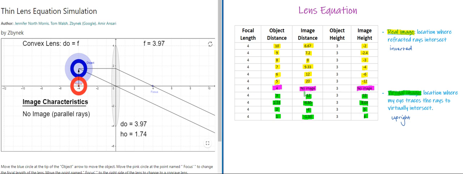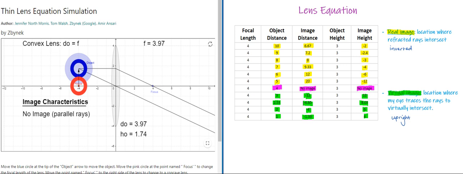Virtual images have a negative value in the front because we can't ever actually put a screen in this place. So the negative sign symbolizes that these objects or these images cannot be viewed except by looking into the optic or the lens. They would appear as if they're this far away from the lens, but they aren't actually intercepting at those places.